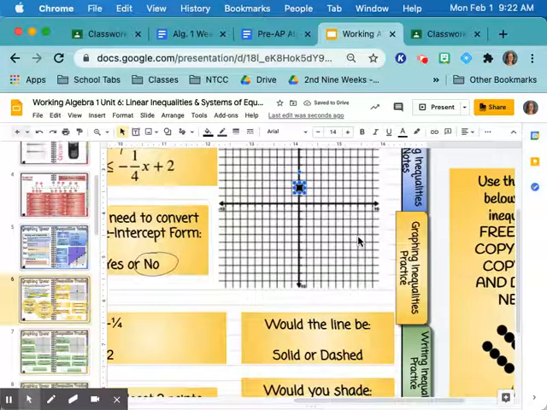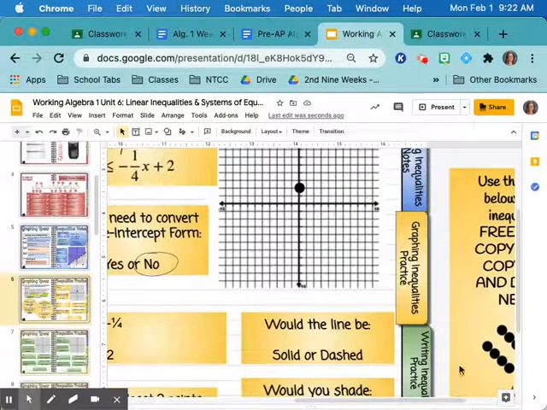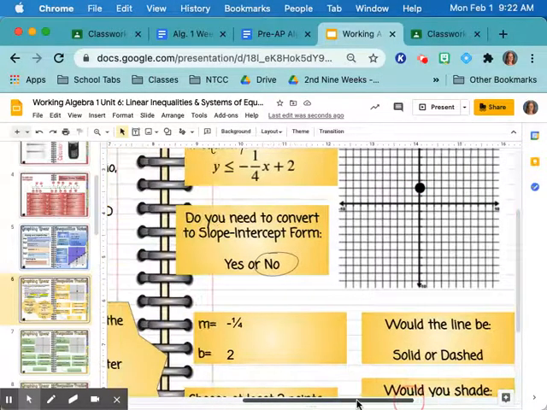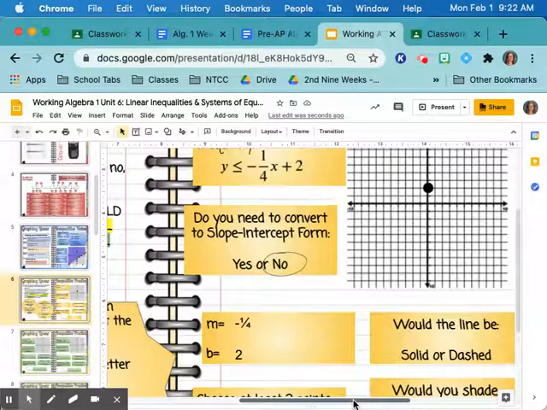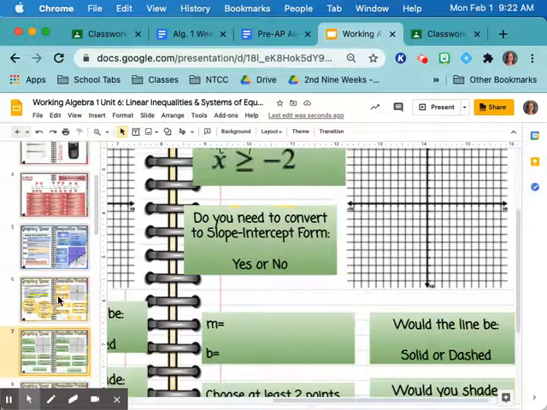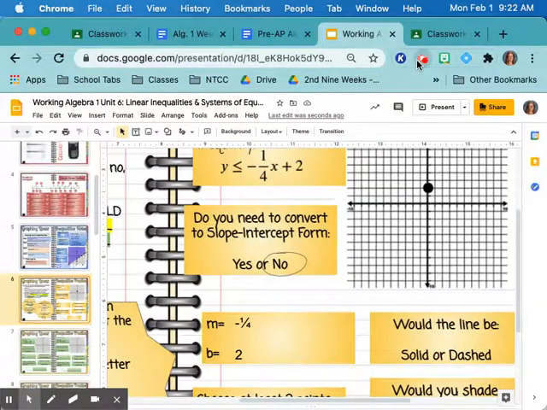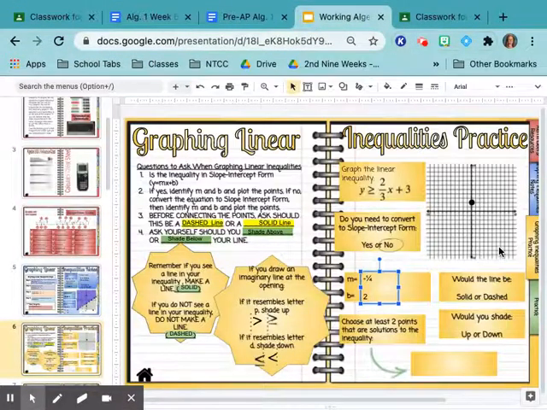Yes? I have a different inequality. Yeah, mine too. Oh, yeah, me too. What is yours? Mine's y is greater than or equal to 2/3 x plus 3. Yeah, that's right. Okay, so I had this wrong.